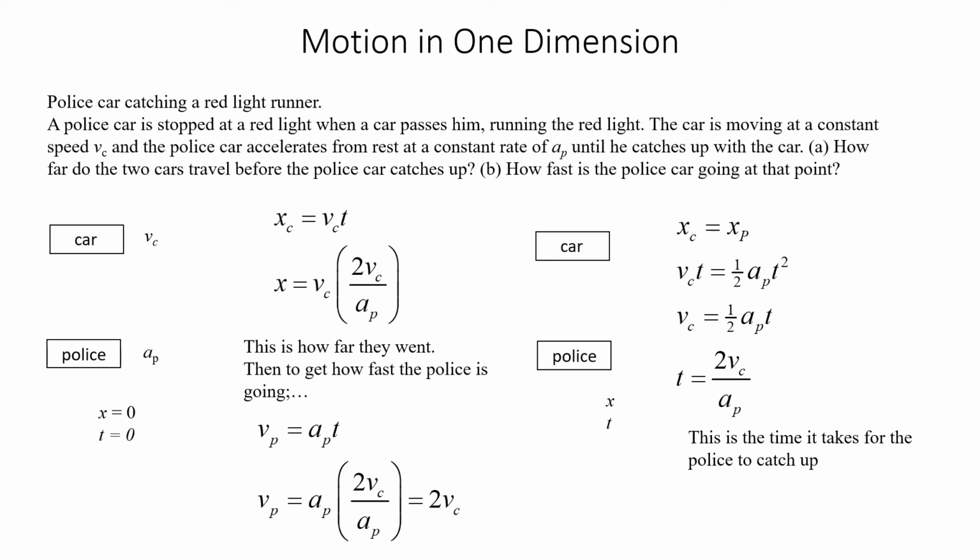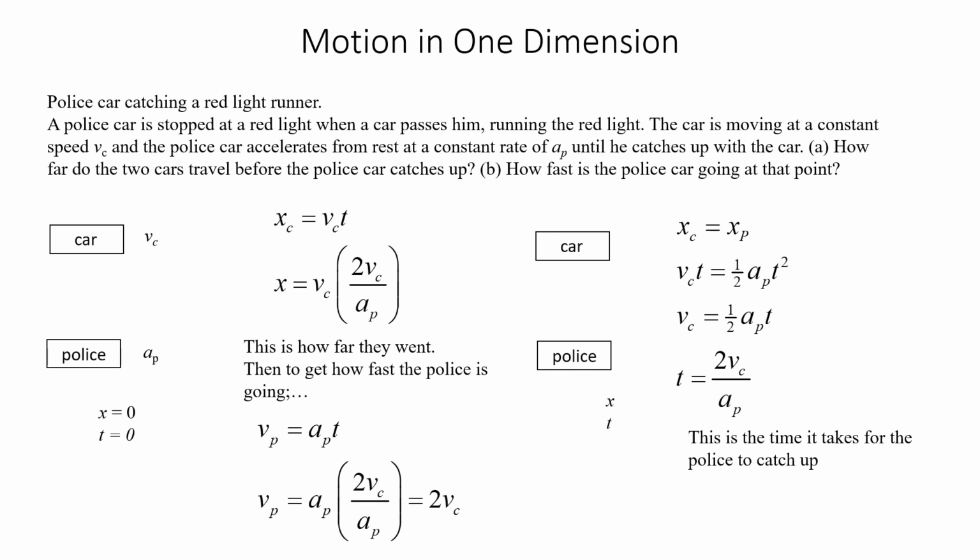Then to get how fast the police car is going, we just use the velocity as a function of time. The velocity equals a sub p t for the police car, because he started from rest, he had no initial velocity, and we just plug in this time for t, and so we get the velocity of the police car equals a sub p times 2 v sub c over a sub p. Notice the acceleration divides out, and we get that he's going twice as fast as the car.